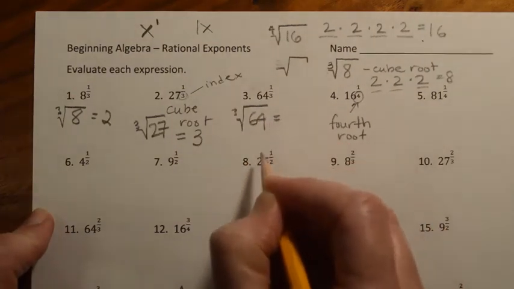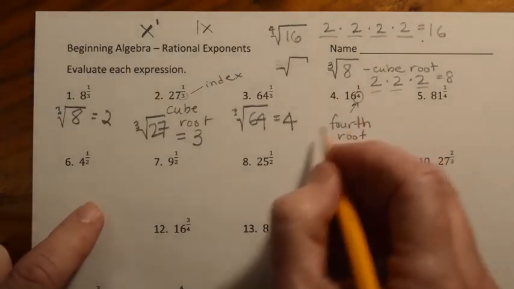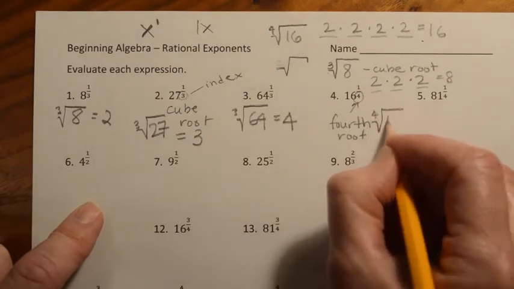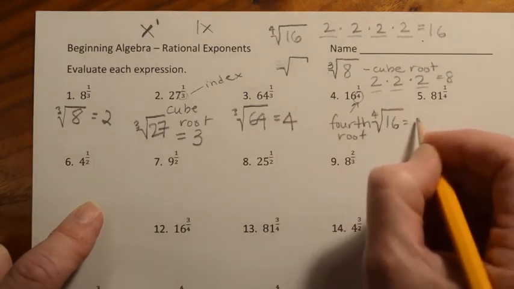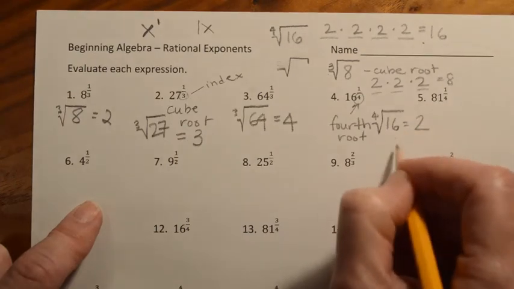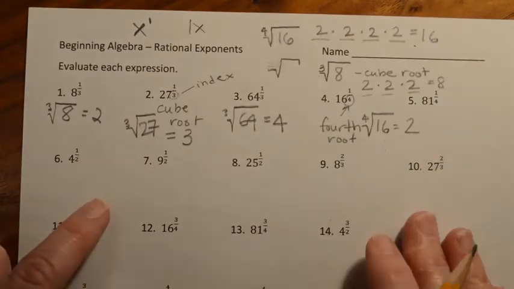And we found out that that was 4, because 4 times 4 times 4 is 64. And then we did the 4th root of 16. And we said that that was 2. Because 2 times 2 times 2 times 2, 4 times is 16. All right, so we stopped there.